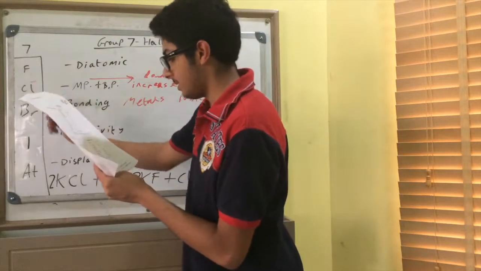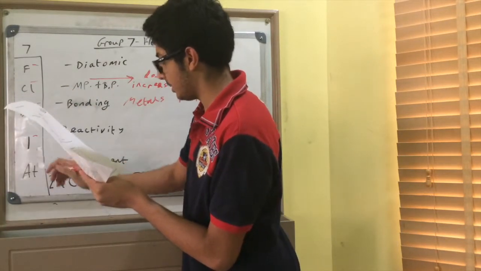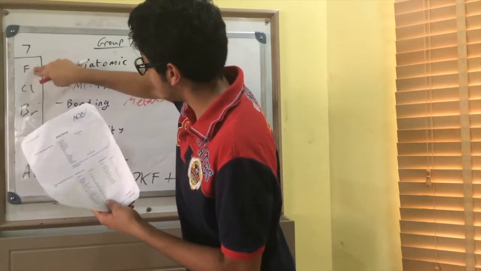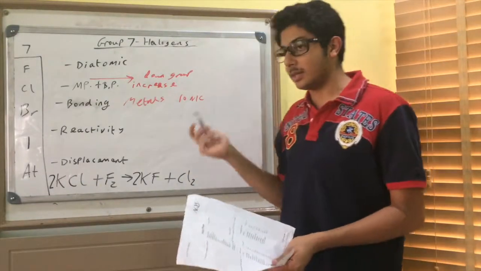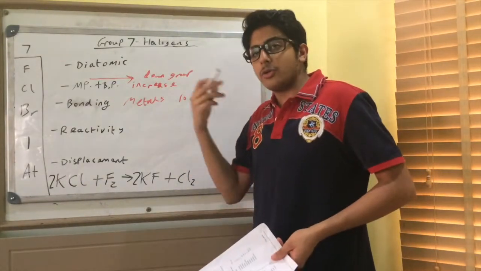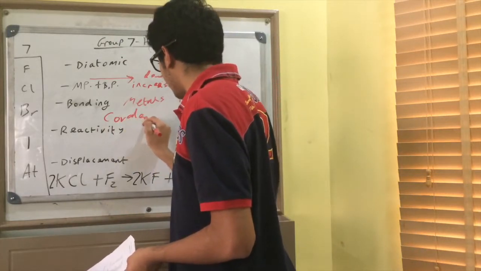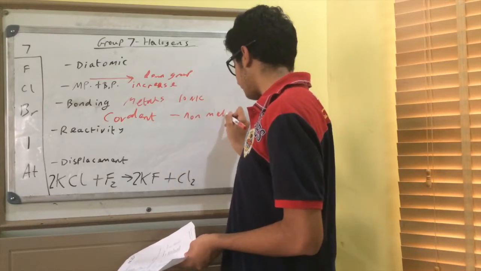Cl minus, Br minus. You've got the data sheet, so you don't need to memorize them, but you should know that they become negatively charged when they form an ionic bond with metals. But with other non-metals, they form covalent bonds.